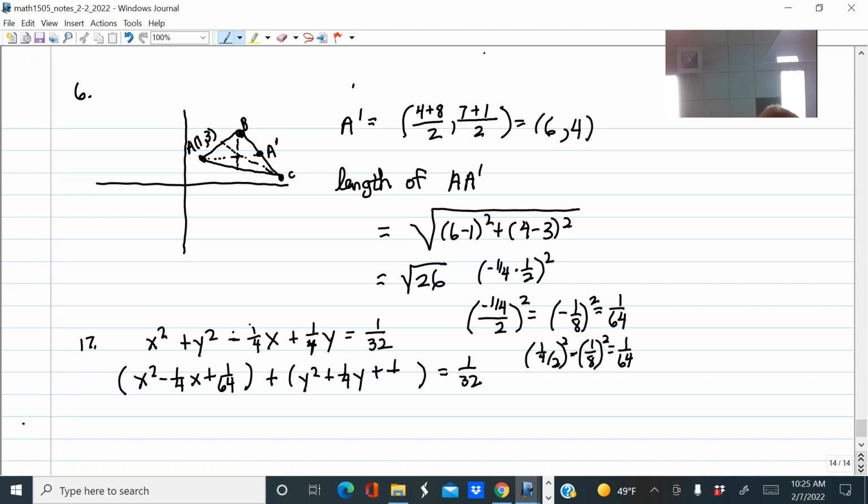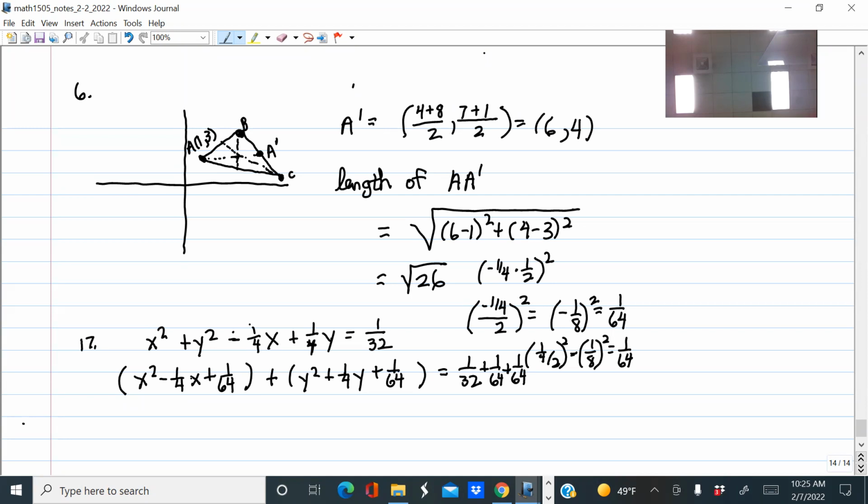So we'll just insert in here 1/64. Now we've changed the equation, right? So how do we keep the equation balanced? That's right, you add it to the other side. So you have to add in 1/64 twice on the other side.